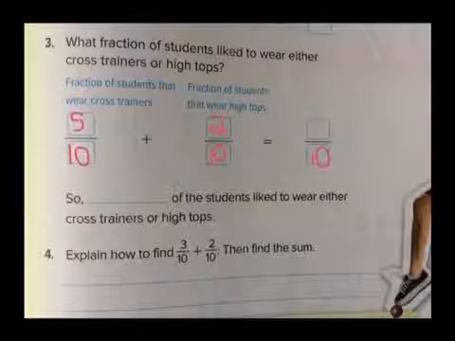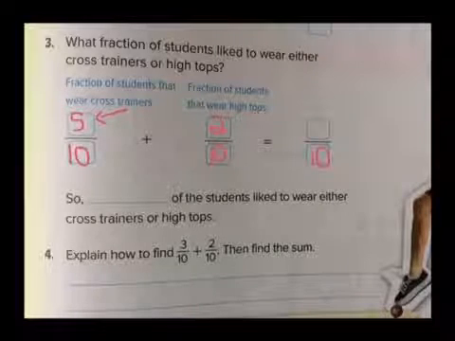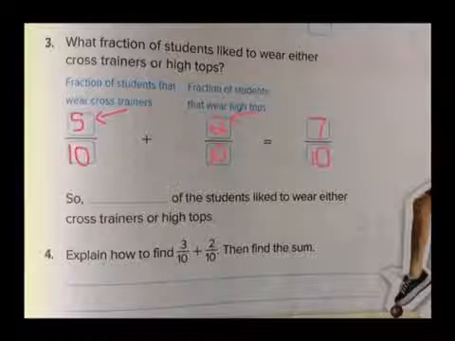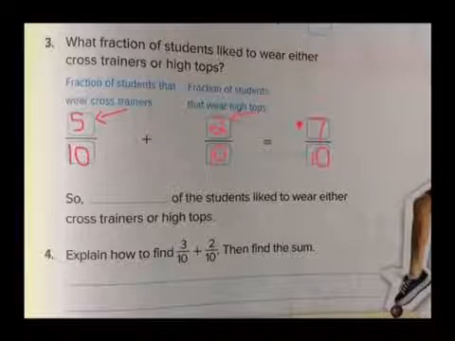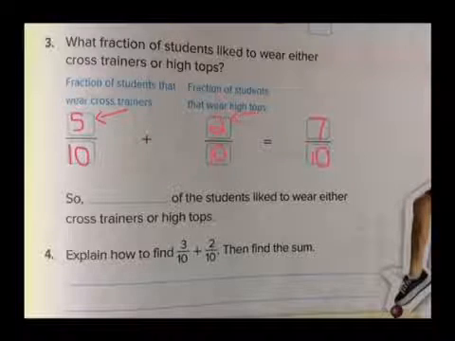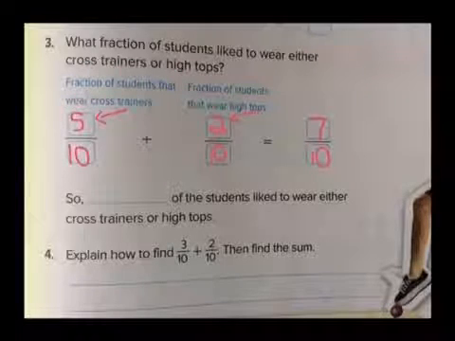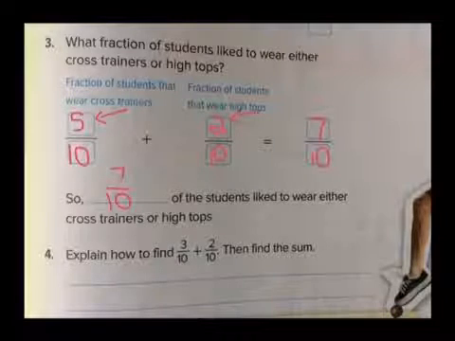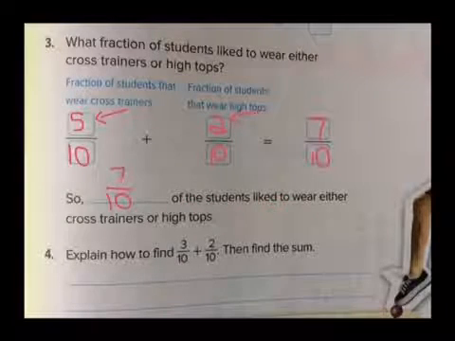Because it's out of 10 students, and 5 of them like cross trainers, while 2 of them like high tops. So when we combine the 2 together, we get 7. So 7 out of 10, 7 students out of 10 like cross trainers or high tops. And there it is. So 7/10 or 7 out of 10 of the students like to wear either cross trainers or high tops.